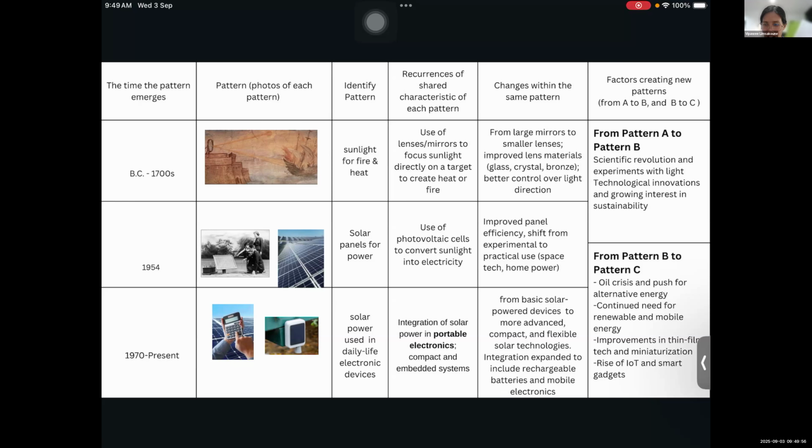And then, improvement in thin film technology. Based on my experience, I could explain a little bit more. Improved thin film technology could mean solar cells in general. In your photo, it is a silicon-based solar cell, the second pattern.